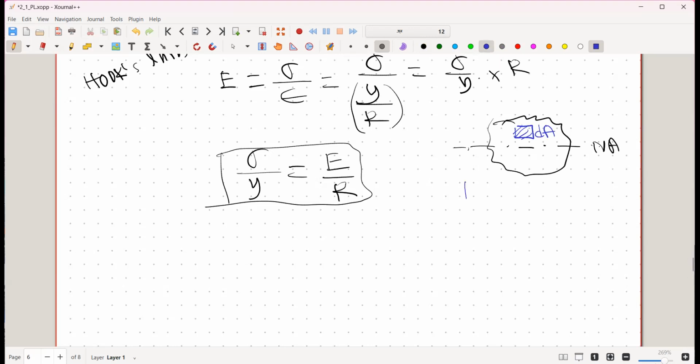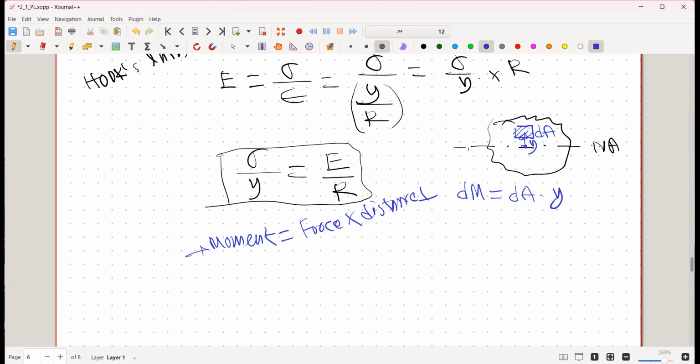If we calculate the small moment, it will be dA into the distance, this y bar or simply y, because we know the moment is equal to force times the perpendicular distance. Here the moment is over a varying force, so we cannot directly use this formula; we need the help of calculus here.